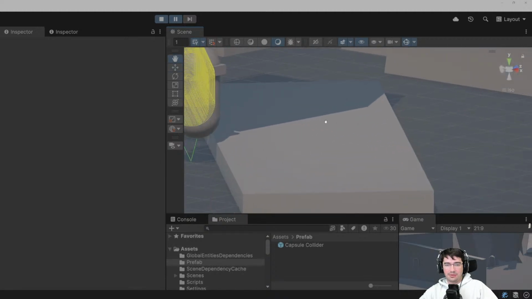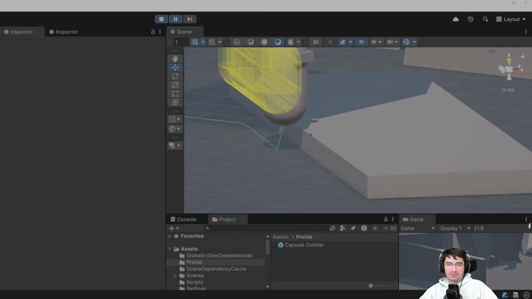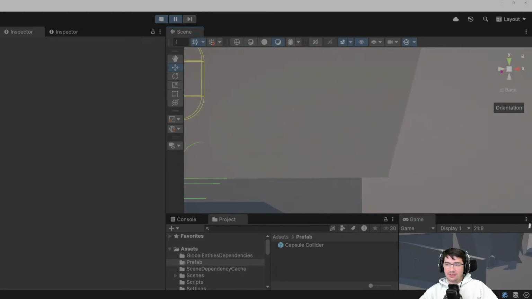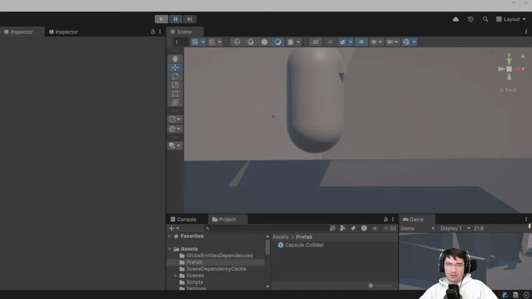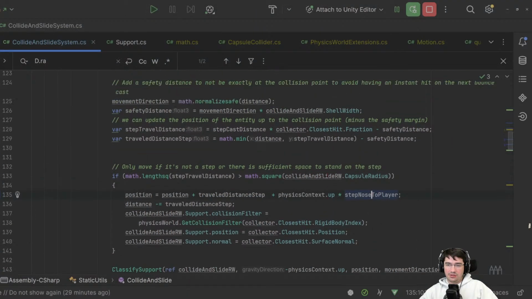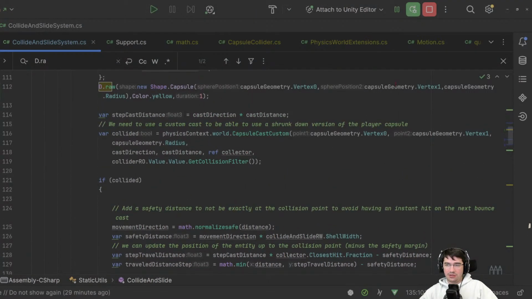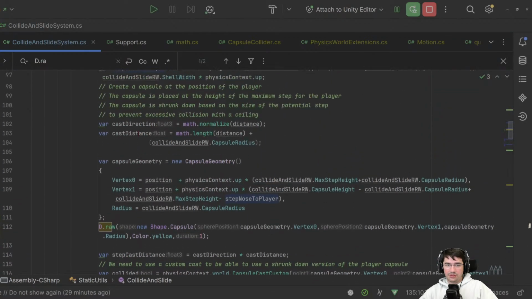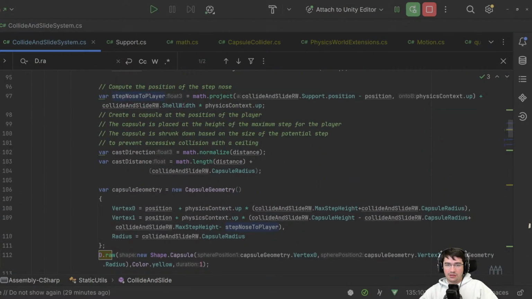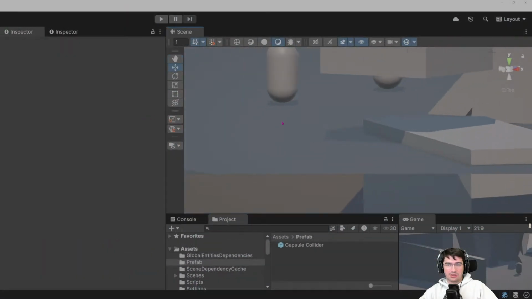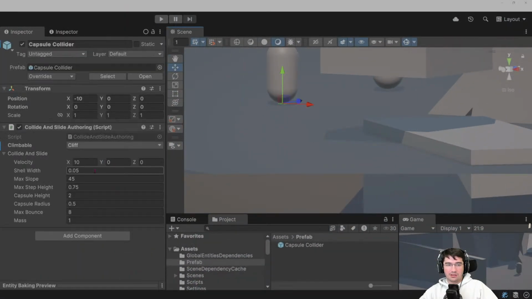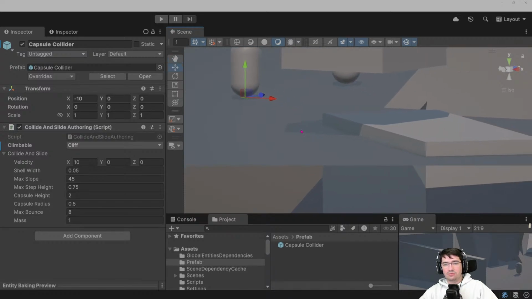Okay, so I'm not exactly sure. I'm a little above that. I'm still colliding, and I'm a little above that because this one includes the shell width, which in that case is quite small.